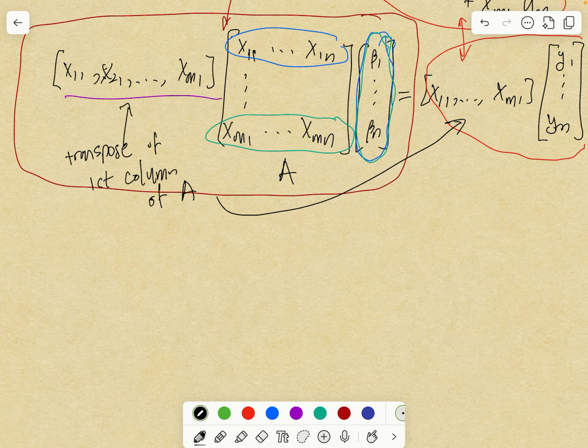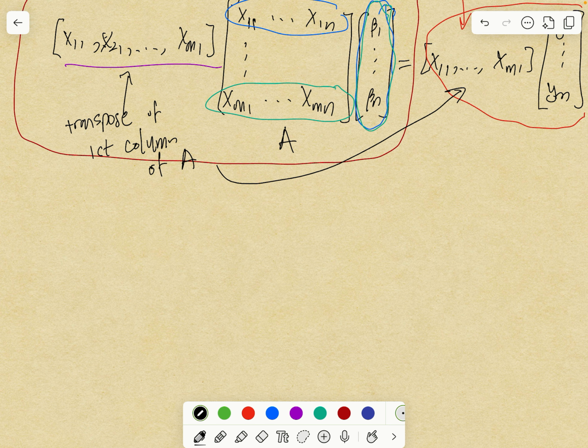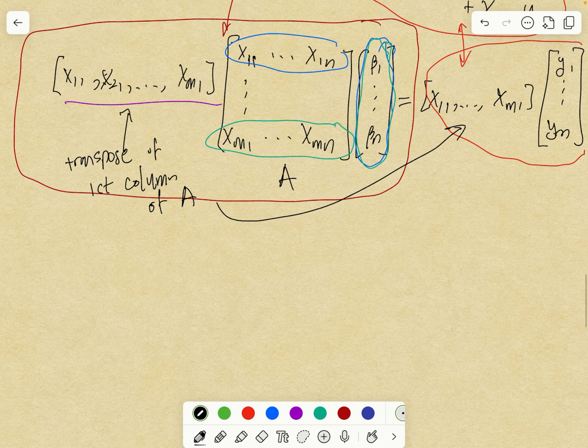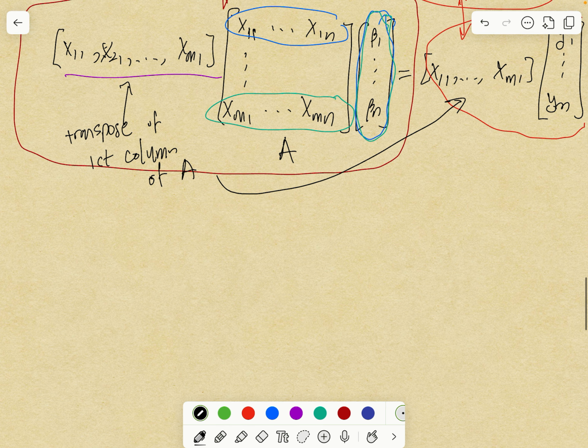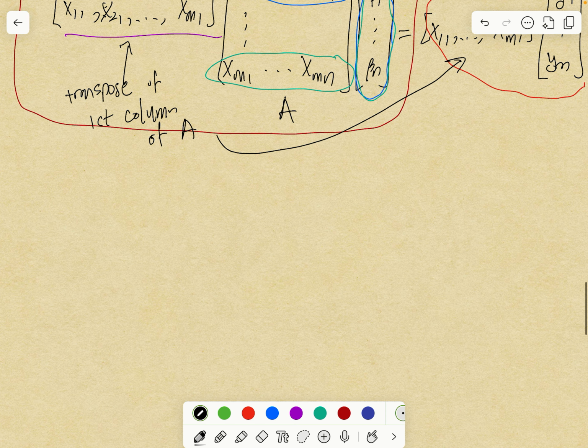So if you put it all together, you can rewrite this system. You get one equation for each partial derivative, right? So the first equation involves the first column, and the second equation, with the second partial derivative, involves the second column of A, and so on up to all of your columns.